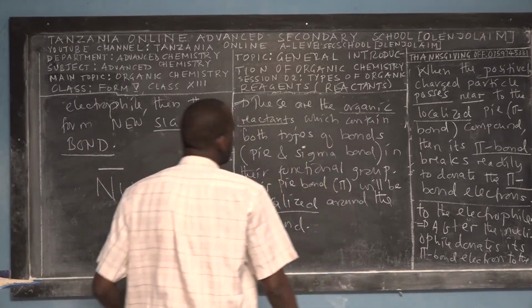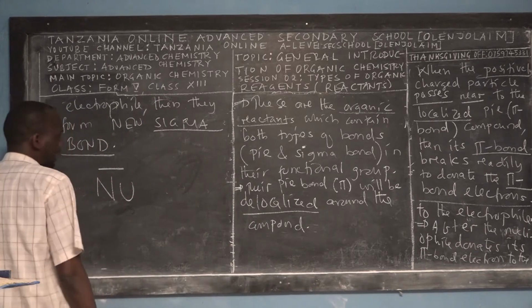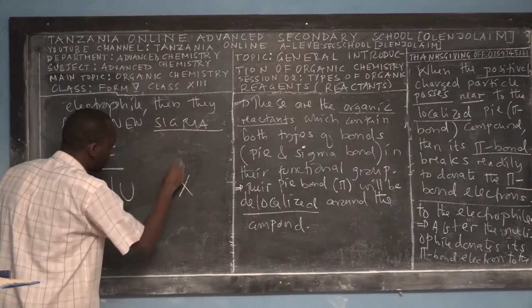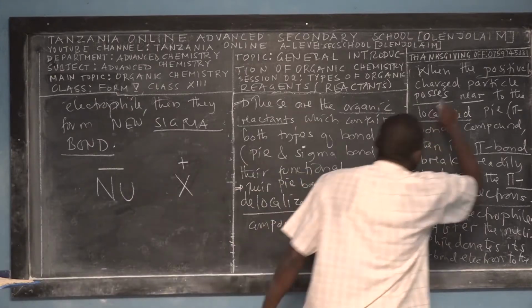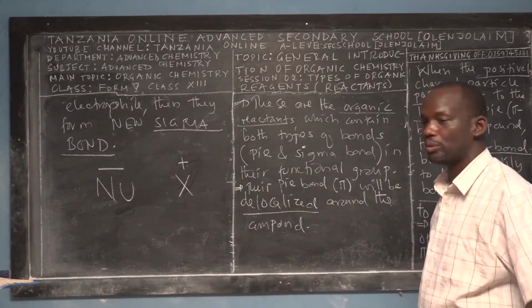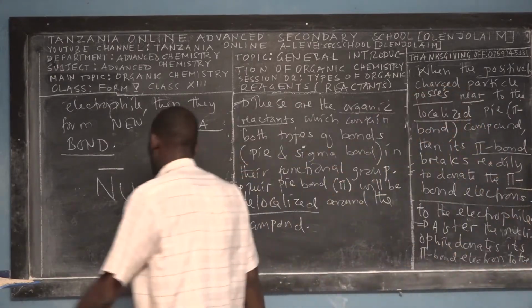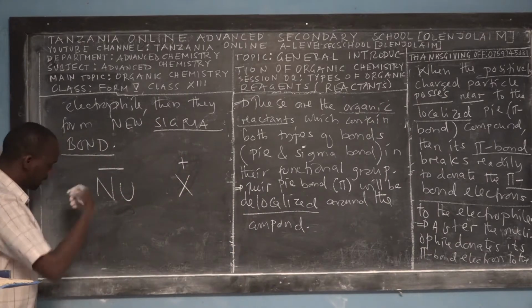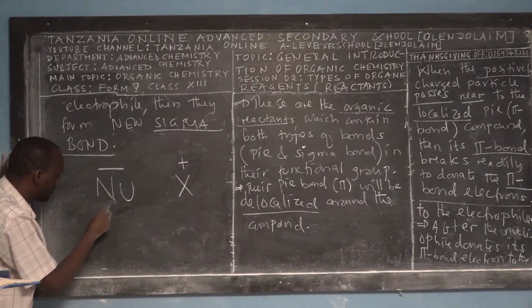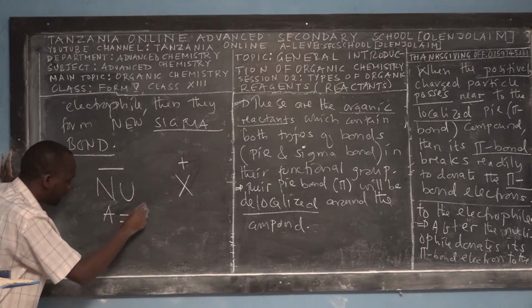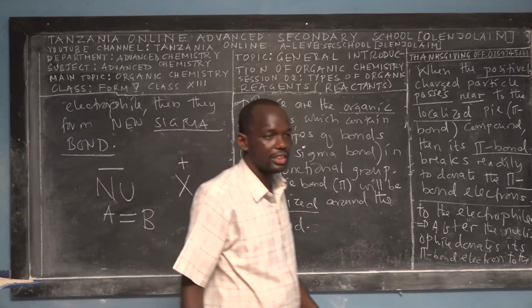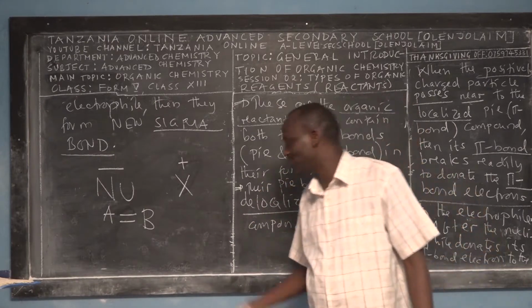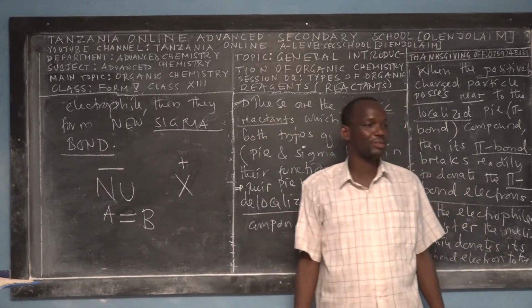Now, suppose we have a certain positively charged particle, X, that passes near the localized pi bond. Suppose that we have two compounds, compound A and compound B, but in their functional structure there are two bonds, right? Because whenever you find a pi bond, a sigma bond is always there.